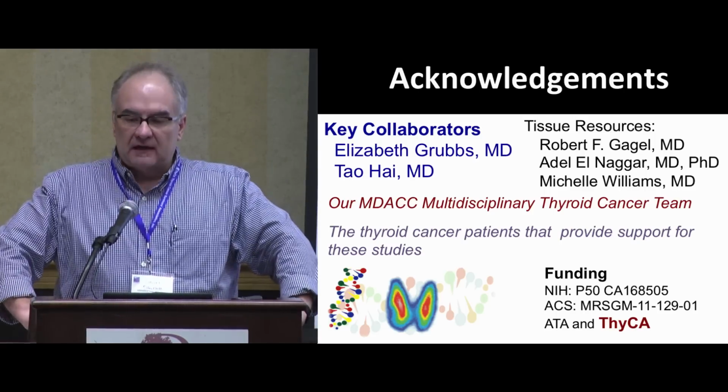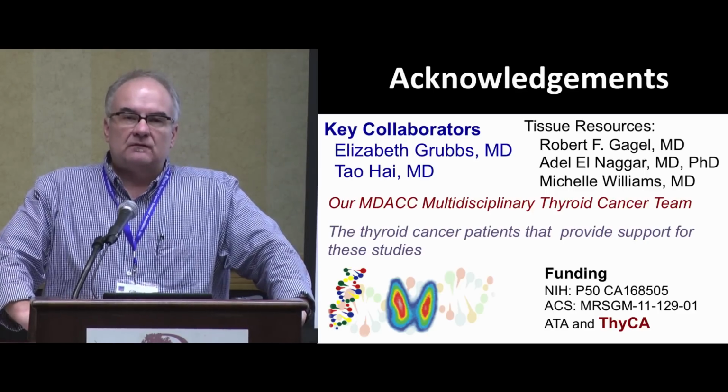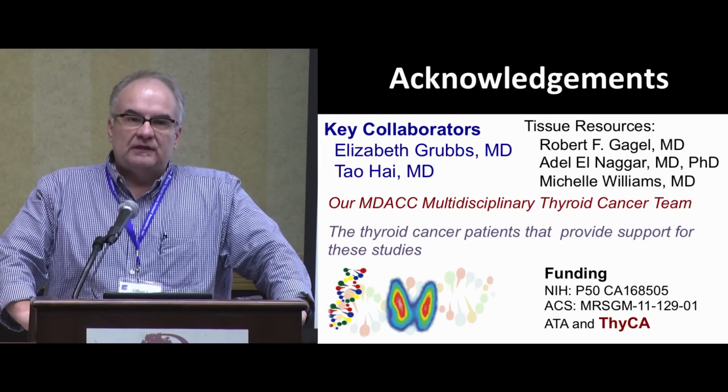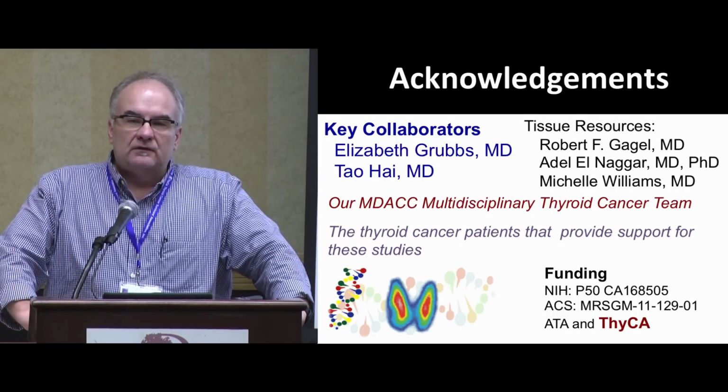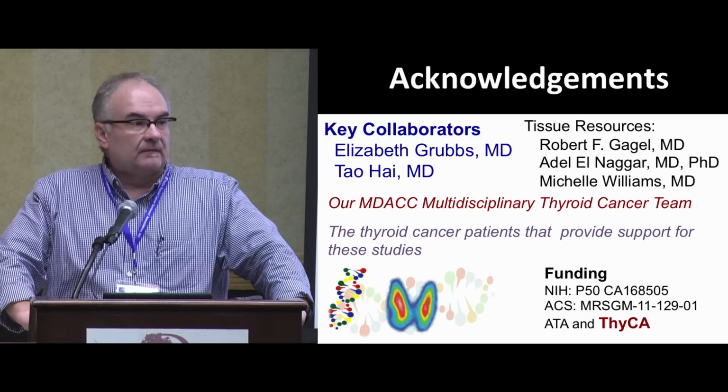Part of the NIH SPORE that was funded last year is one of the goals of the SPORE is to initiate a new trial that uses two drugs to try and hit the pathways simultaneously.